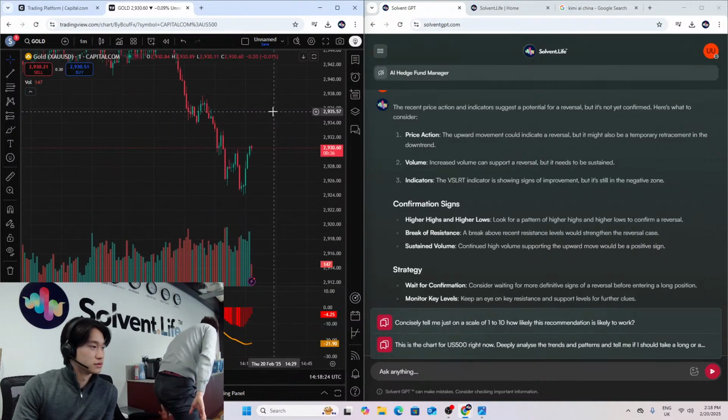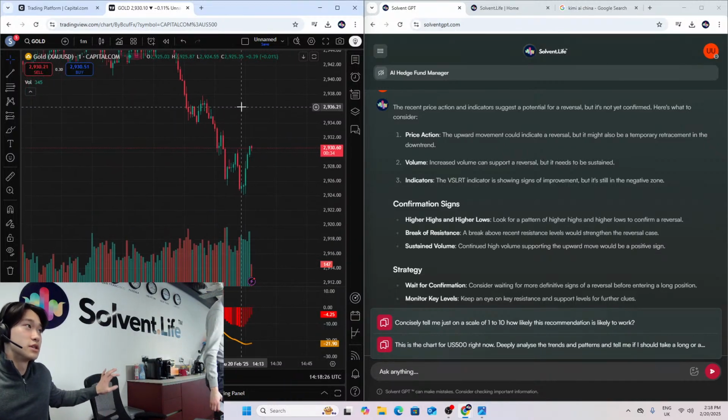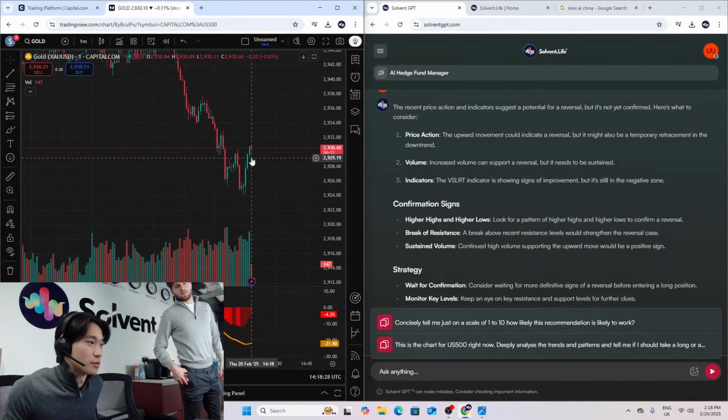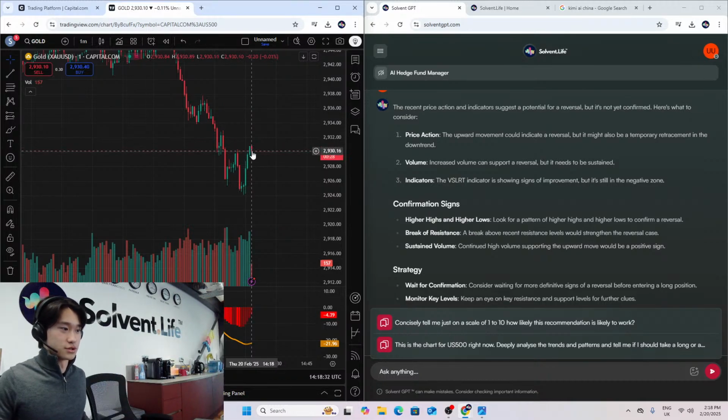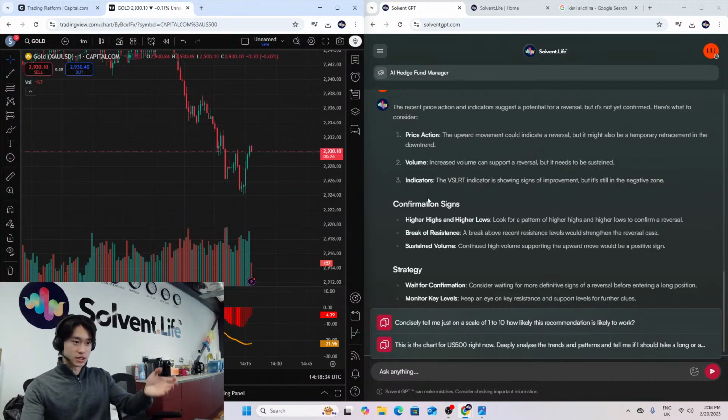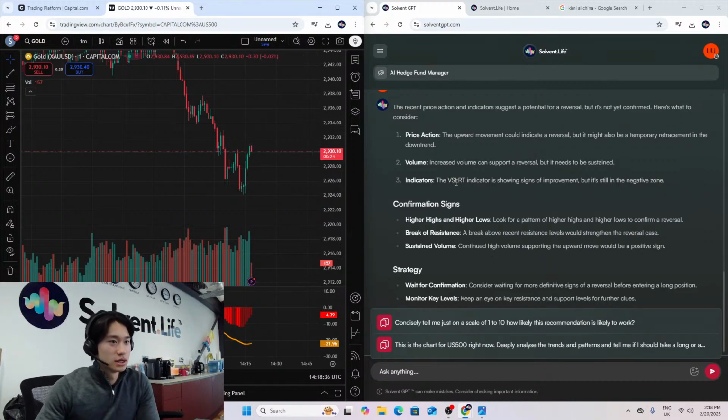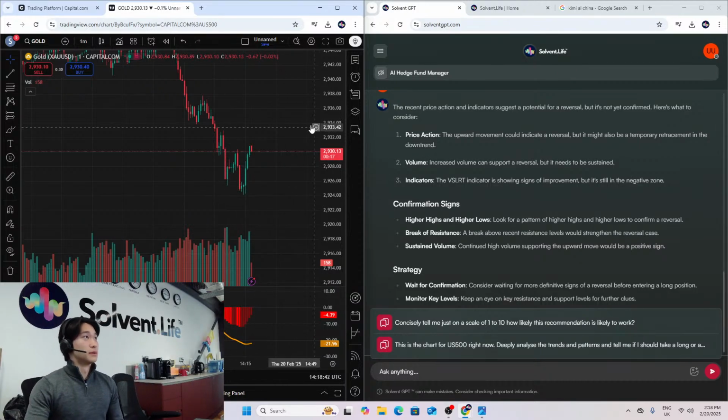Me, personally, right around there, right here, I probably would have entered the trade. But because the GPT said that it's just a temporary retracement and not a reversal, I'm not going to do that. I'm going to hold back.